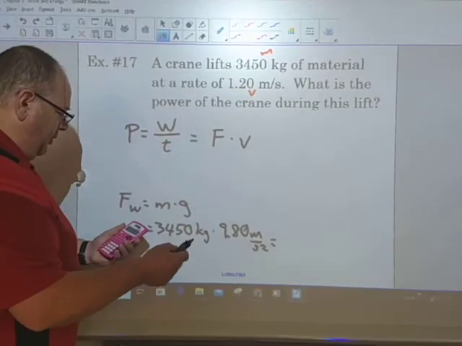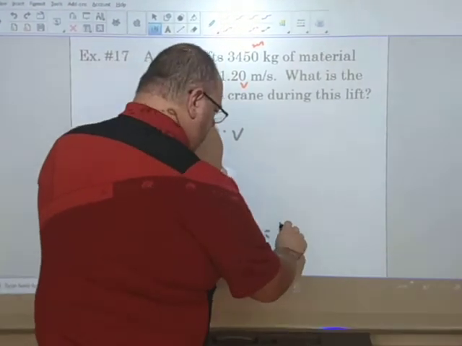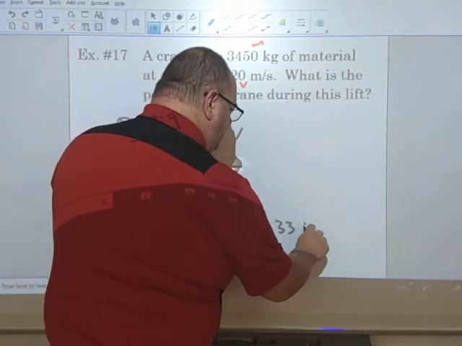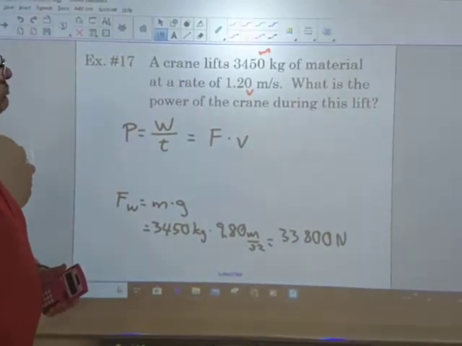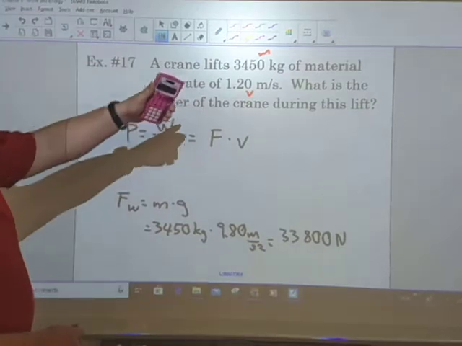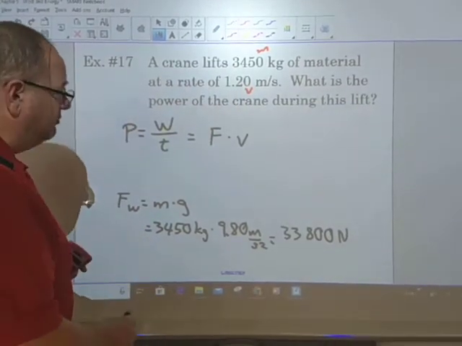So, big number, 33,800 newtons. Okay? We got almost 3.5 tons of material here.